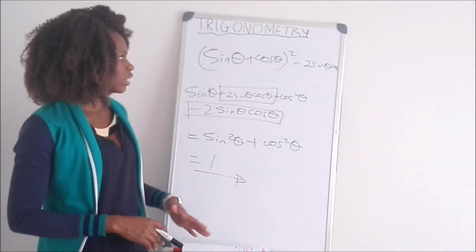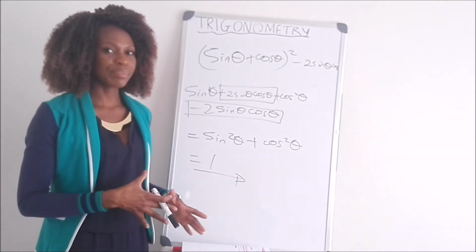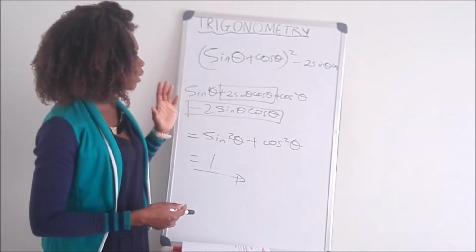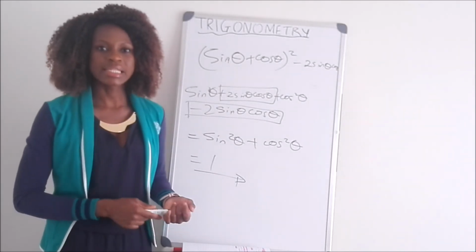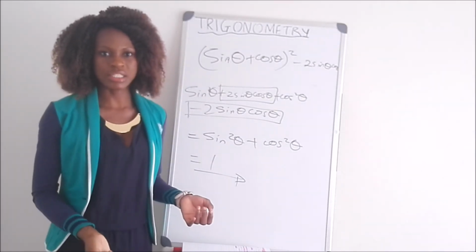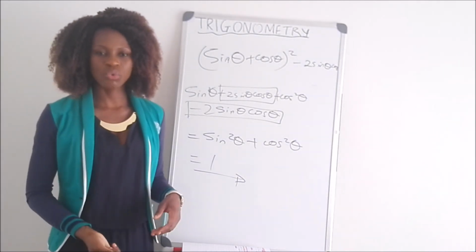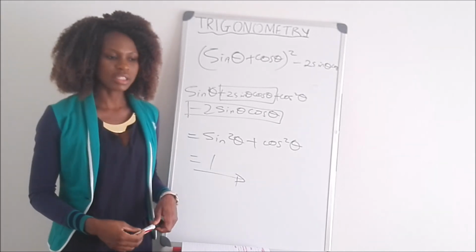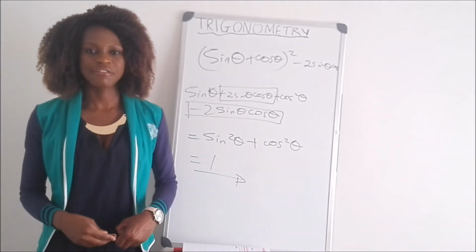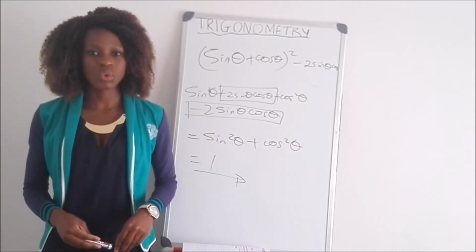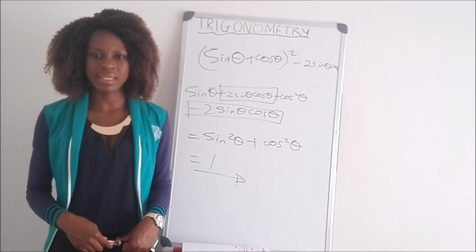Just know that sine squared theta plus cos squared theta is equal to 1, and the same thing happens if you want the value of sine squared theta. That means sine squared theta is equal to 1 minus cos squared theta. The same applies for cos: cos squared theta is equal to 1 minus sine squared theta. And tan theta is equal to sine theta divided by cos theta, and 1 over tan theta is equal to cos theta divided by sine theta.